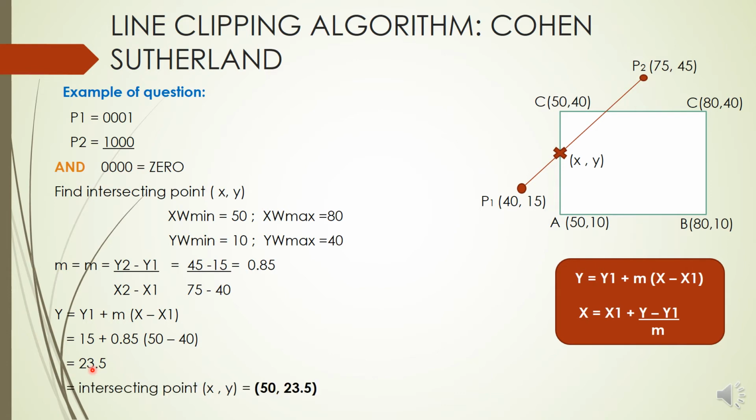Therefore, the intersecting point of x and y here is: x is always equal to 50, and the y value is the one we just calculated, which is 23.5. So you get this intersecting point as the coordinate 50, 23.5.